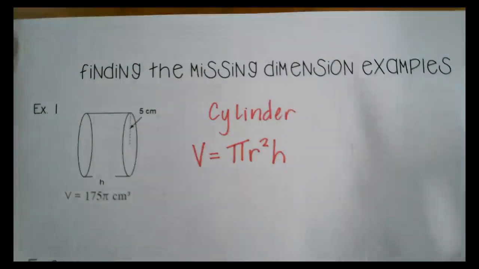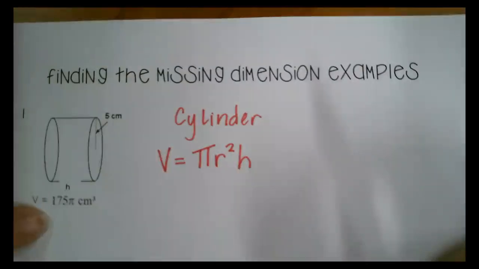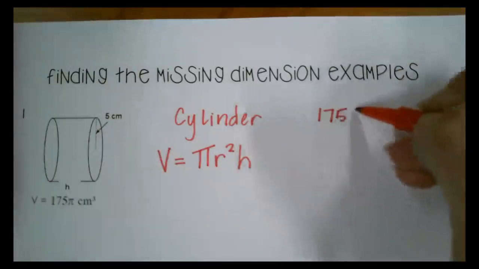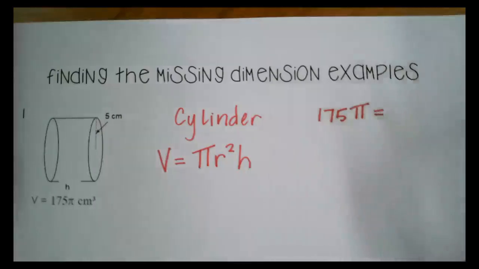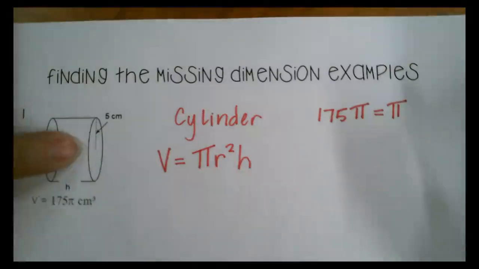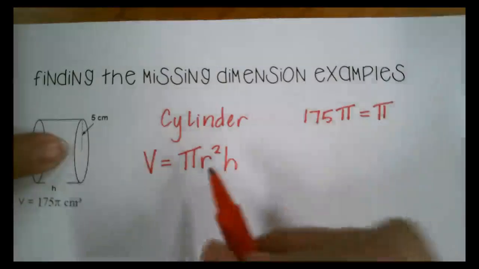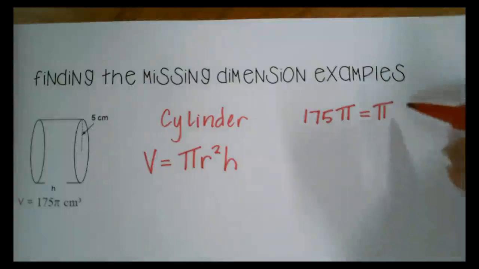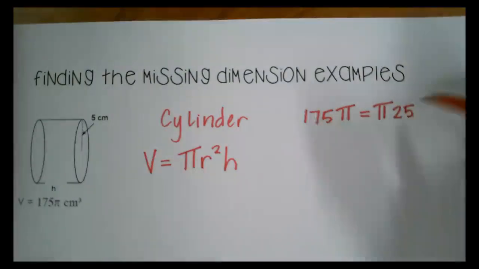Now I'm going to fill in the information that I know. I know that V is 175 pi. I know that this is pi. The radius is 5, so when I fill in 5 for the radius, I need to square it, which gives me 25.